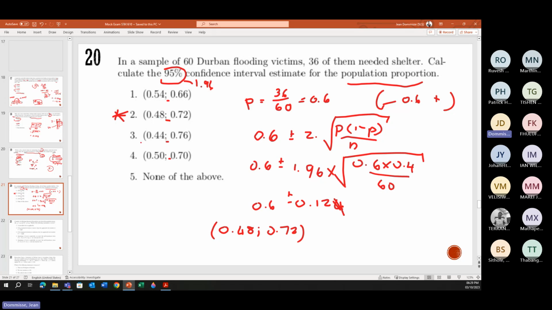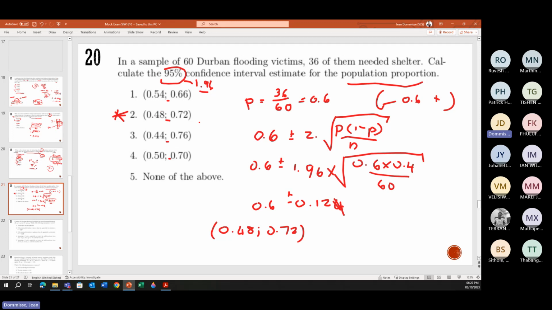It would have been interesting to see how these are different. Most likely if you use different Z values, you might get to the other options.